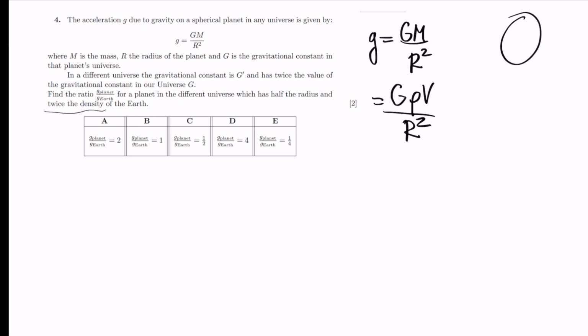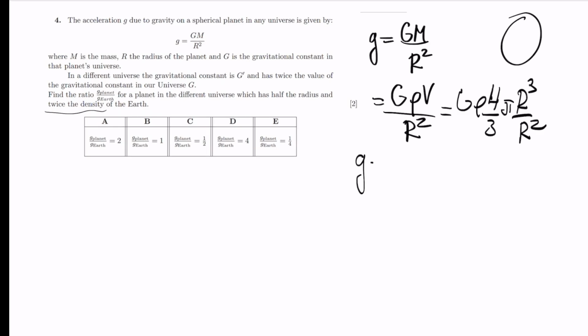Remember, the planets are just spherical, so the volume is just going to be 4/3 pi r cubed. So we can say that this here will be equal to G multiplied by rho, and then 4/3 pi r cubed, and we also have a factor of r squared down here.